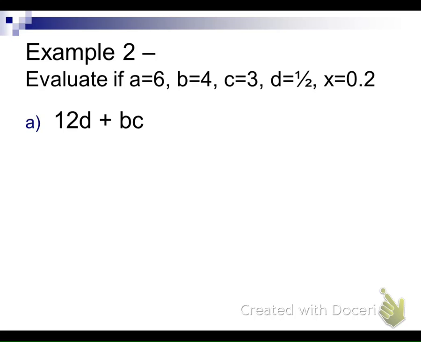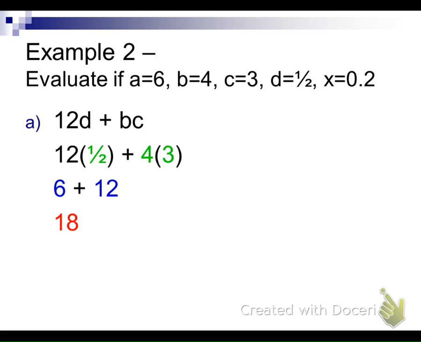So I'm going to replace all of the letters with their equivalent numerical values. That'll leave me with 12 times 1/2 plus 4 times 3. 1/2 of 12 is 6. 4 times 3 is 12. 6 plus 12 gives me 18. So for these problems, we're just adding one additional step at the beginning, substituting in the values, and then from there, we'll use our order of operations to solve.